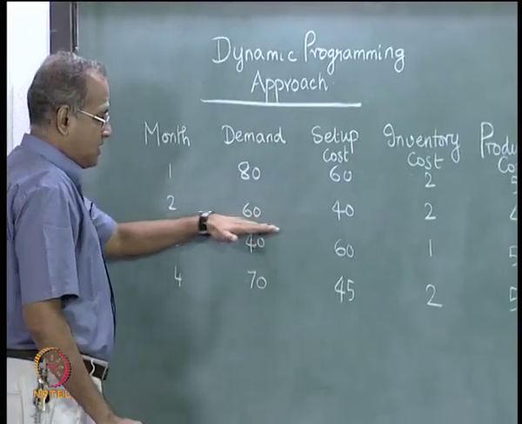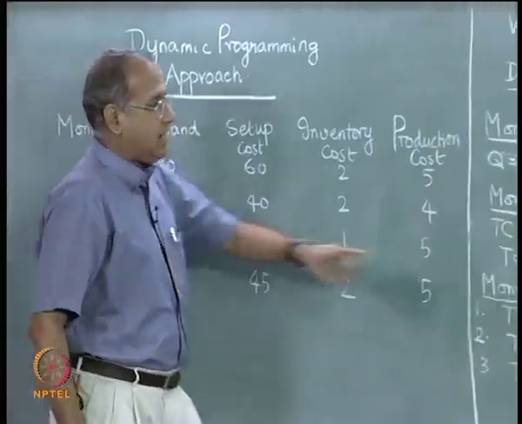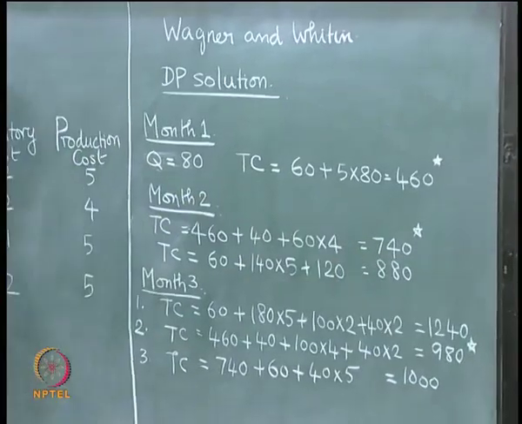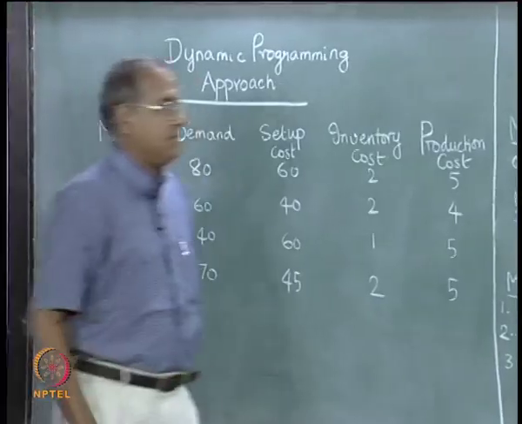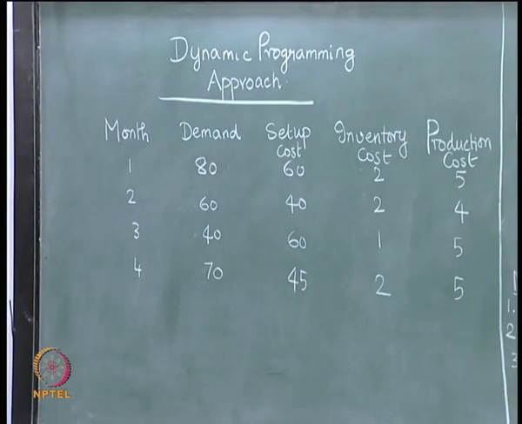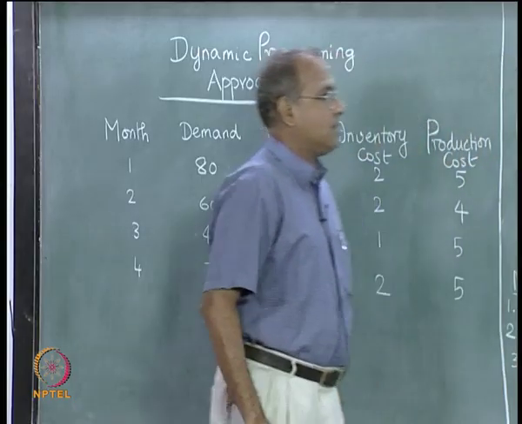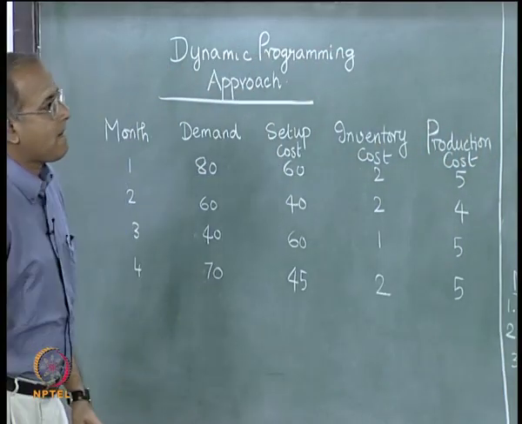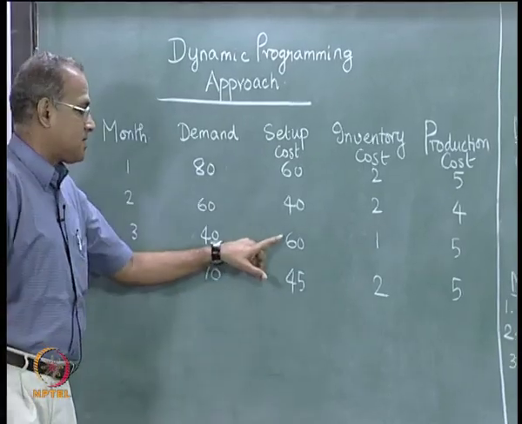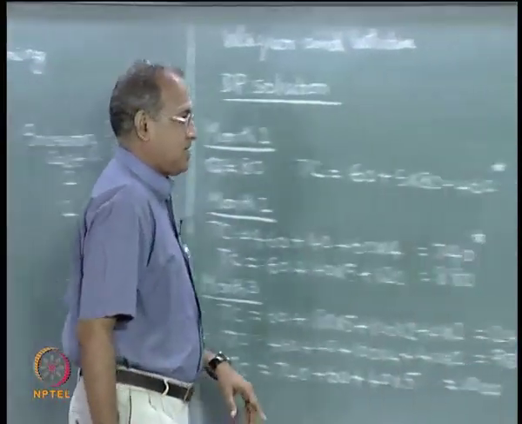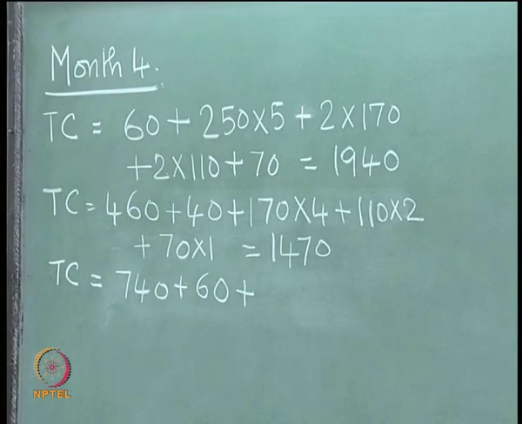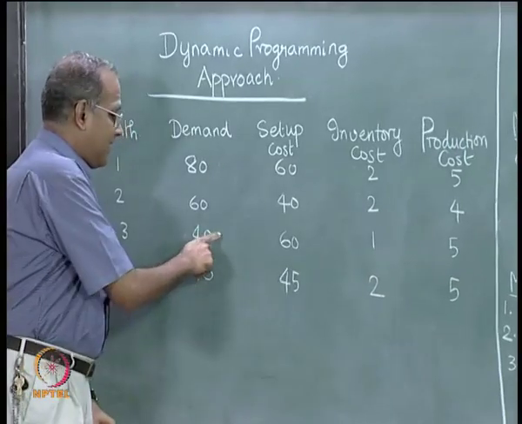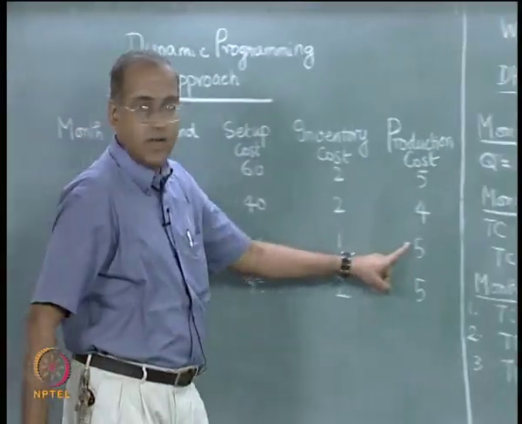we produce up to this optimally, incurring a cost of 740, and then we choose to produce these two in period 3. So, it is 740 plus there is a setup cost of 60. So, plus 60, there is a production quantity of 110, production cost is 5.